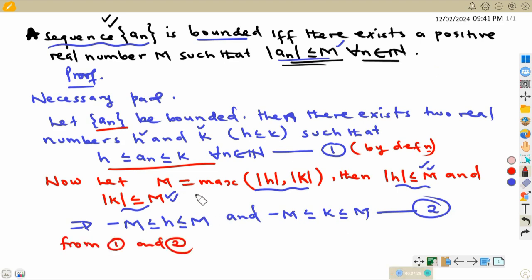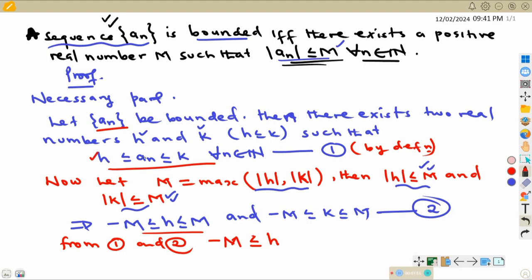Now from 1 and 2, we can easily see that we have h is less or equal to an less or equal to k, but this is negative m. Let me start with this. We have negative m. This from here, negative m is less or equal to h, isn't it? Negative m is less or equal to h, but let us come back to this.